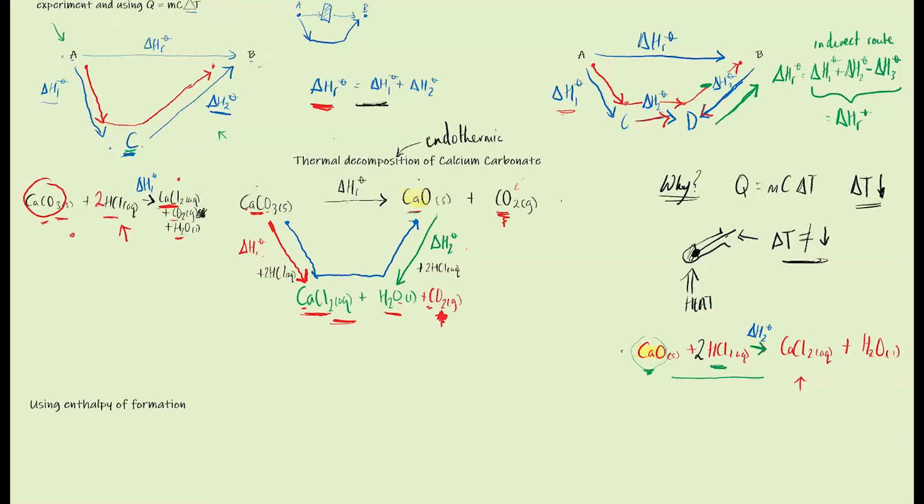Now this is going with this arrow, so this is a plus. This part here for the delta H2, the blue arrow, is going against the green arrow, so it's a minus.